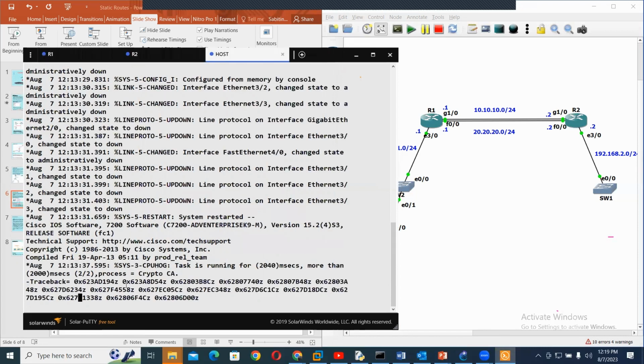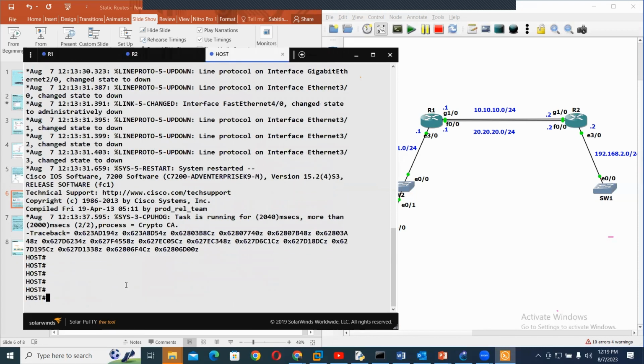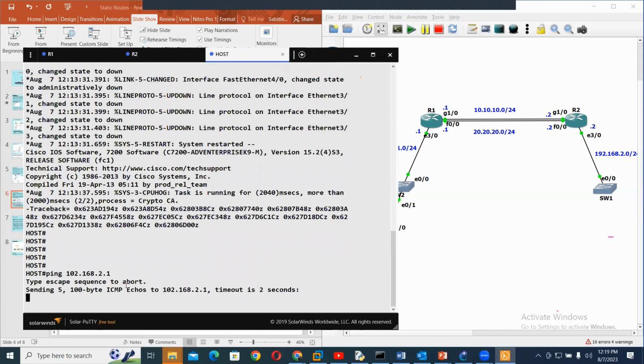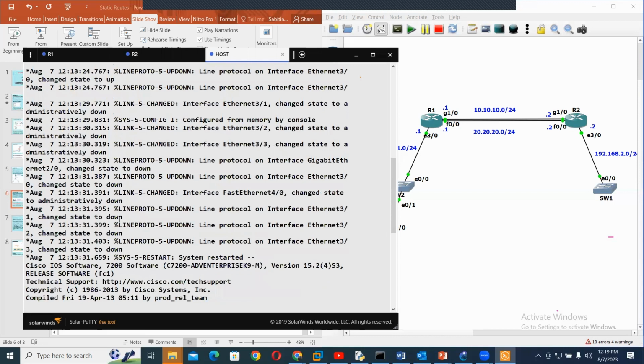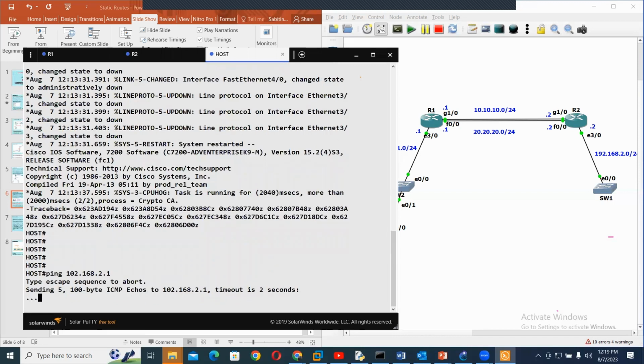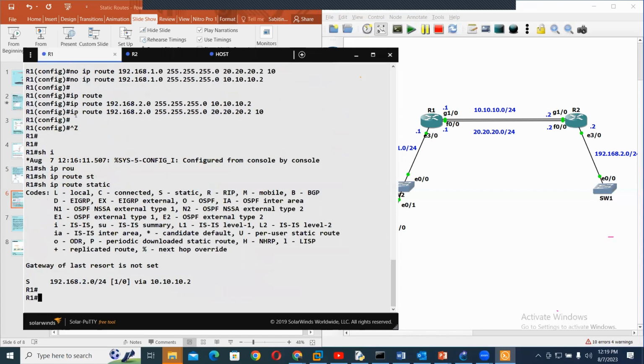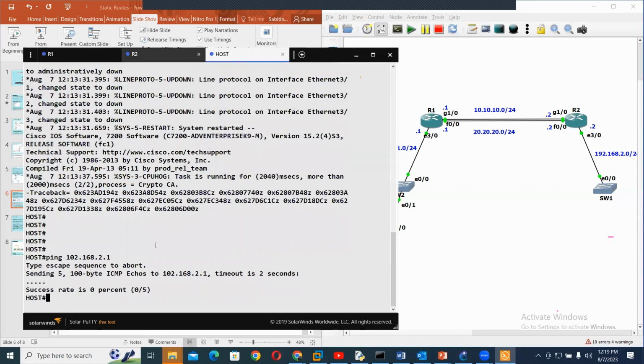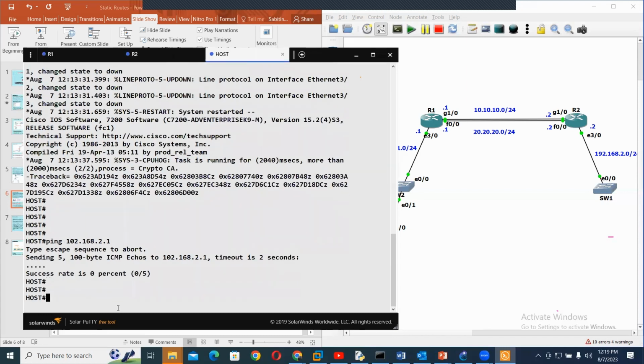So let's try to ping 192.168.2.1. Okay, I think we have an issue.